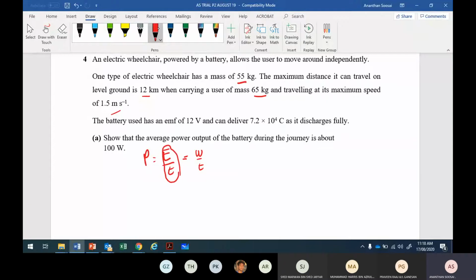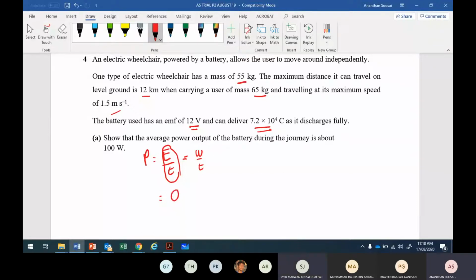Energy dissipated by the battery per unit time. How much energy the battery released for a certain duration. The battery has an EMF of 12 volt, and it can deliver this much charge as it discharges fully.